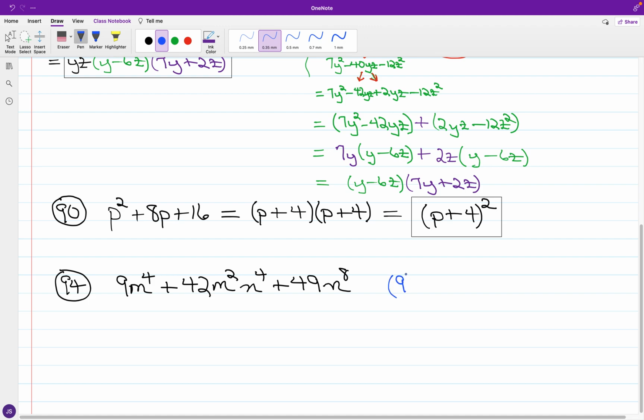Looking at the first and the last coefficients, you have 9 and 49, and the product of 9 and 49 will be 441.